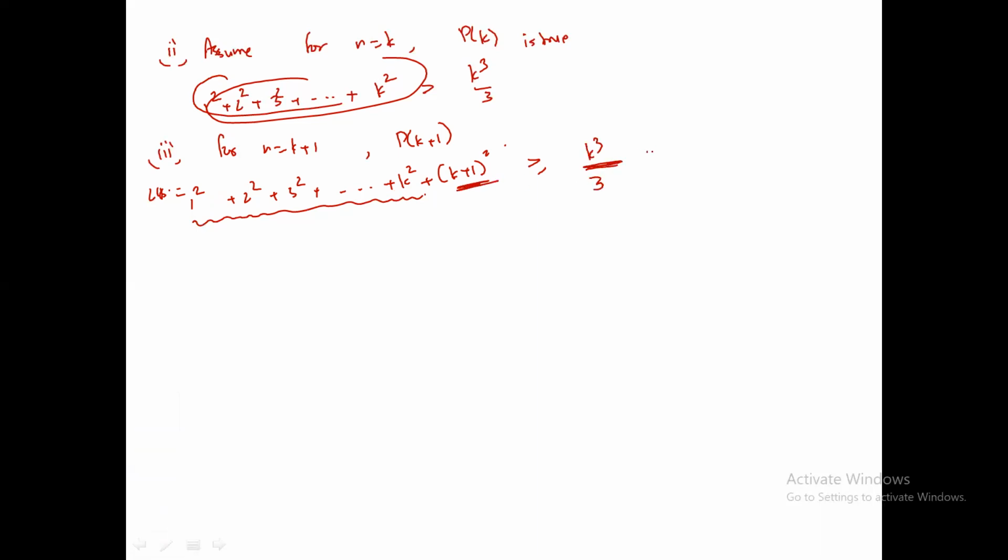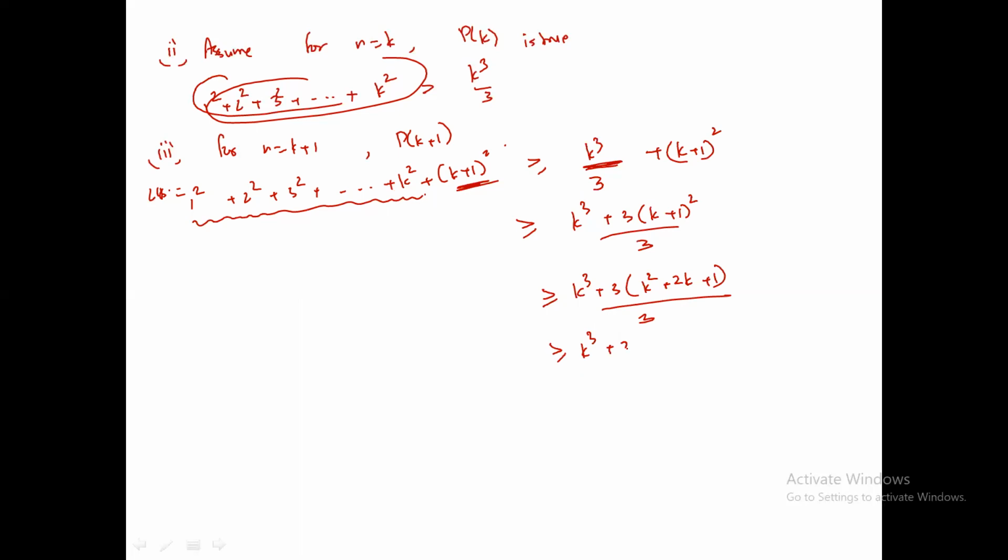But this k plus 1 whole square is there, extra. That means I can write greater than or equal to k cube plus 3 into k plus 1 whole square by 3. Or k cube plus 3 into k square plus 2k plus 1 by 3. Or k cube plus 3k square plus 6k plus 3 by 3.